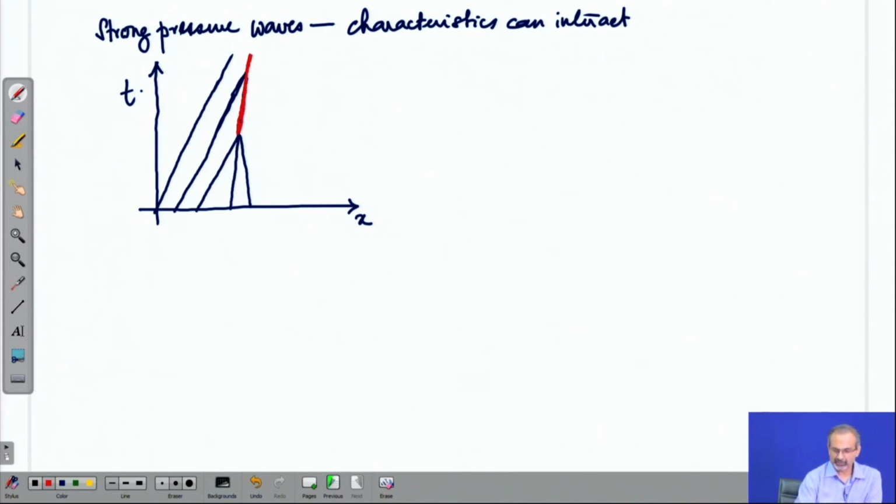When do they interact forming a shock wave? When characteristics of the same family merge together. Why are they merging? Because different characteristics are moving with different speeds. These are the comparatively faster moving characteristics, and these are the slower ones.